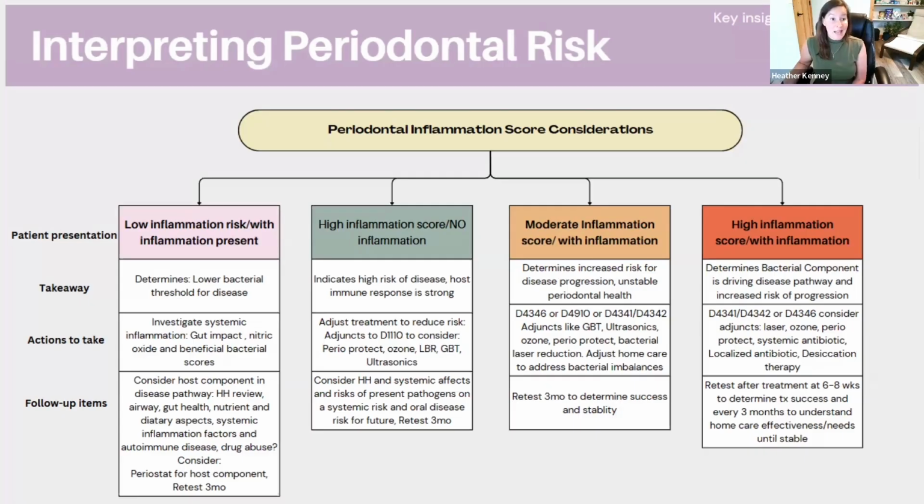So they're high responders. With that high responder, I really encourage you to look at the gut impact score, look at the nitric oxide and the beneficial score, and see where those levels are to try to figure out where your disease processes could be coming from. Really read into your health history information, look for airway issues, do your Mallampati scores, look at salivary health, and ask about the gut in that component.